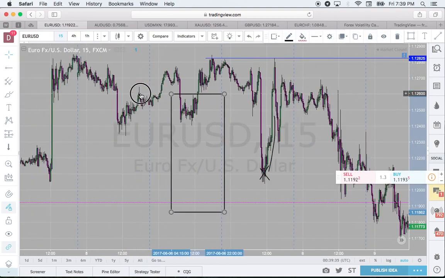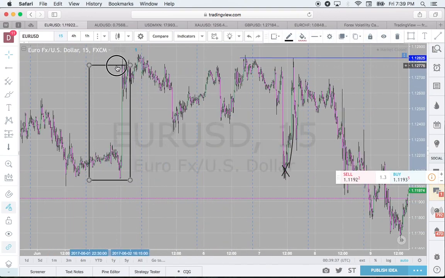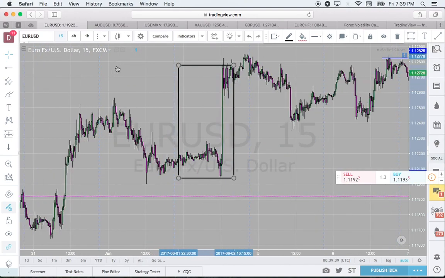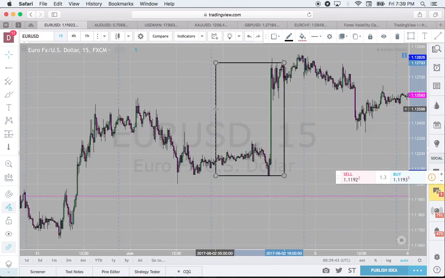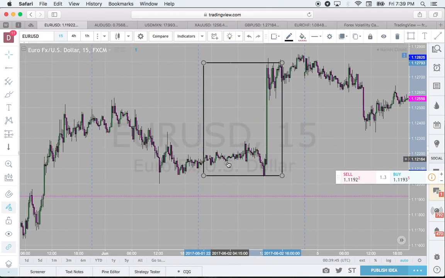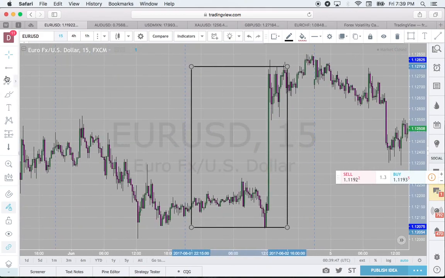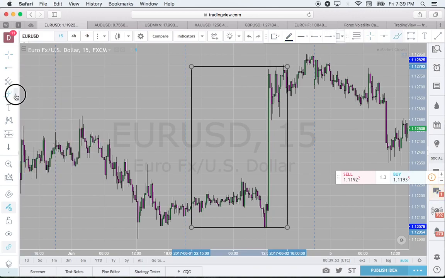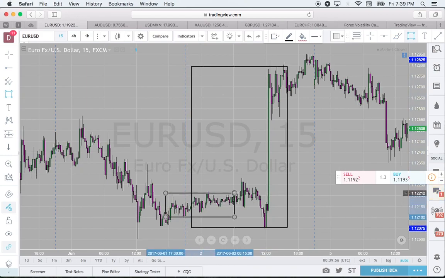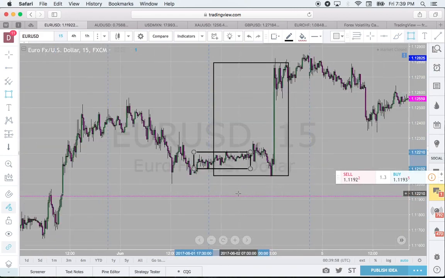So, here it is again. Let's say we're here, we're at this day, and we have drawn out this consolidation here.